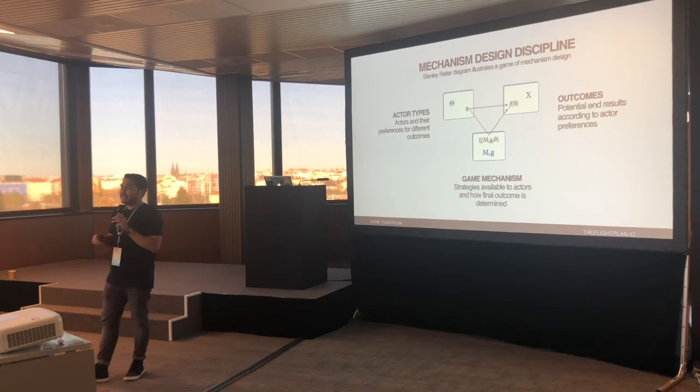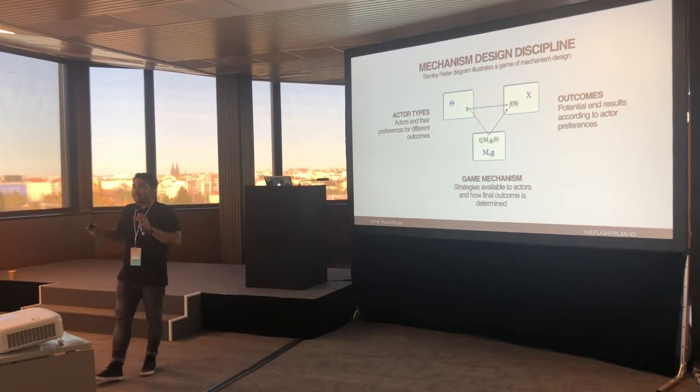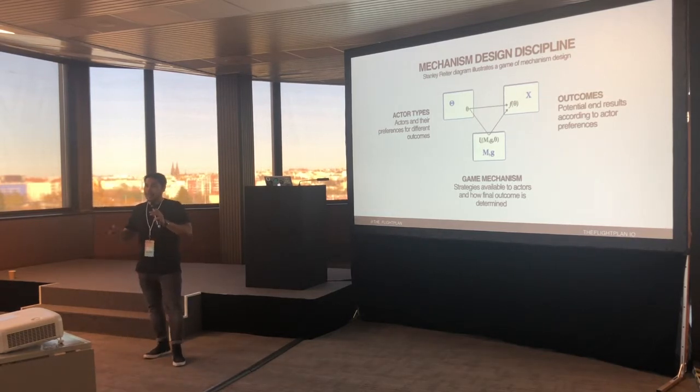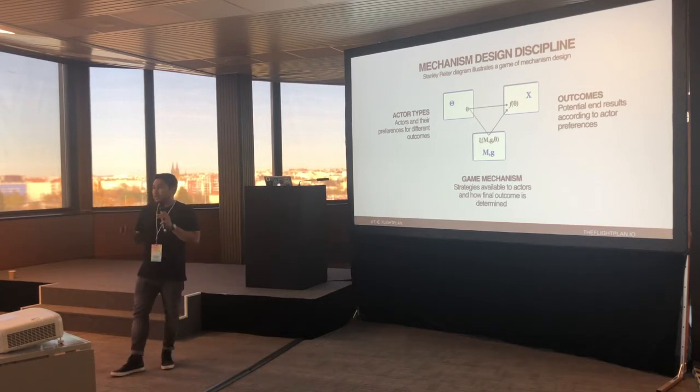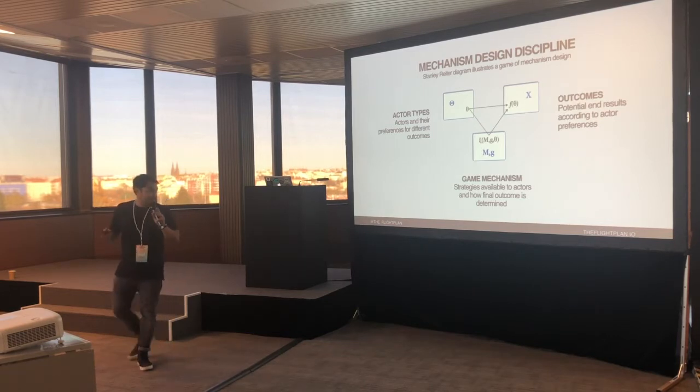So ultimately, as a system designer who's undertaking the problem of mechanism design, what you're doing is you're identifying one specific outcome that you want from the system and introducing some form of game mechanics, which are rules around the strategies and actions that the actors can take, and also how the final outcome is determined.